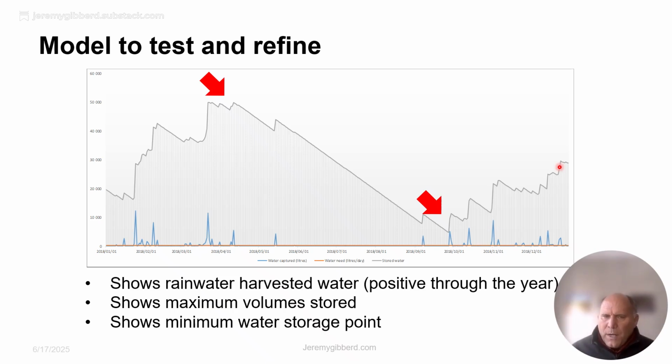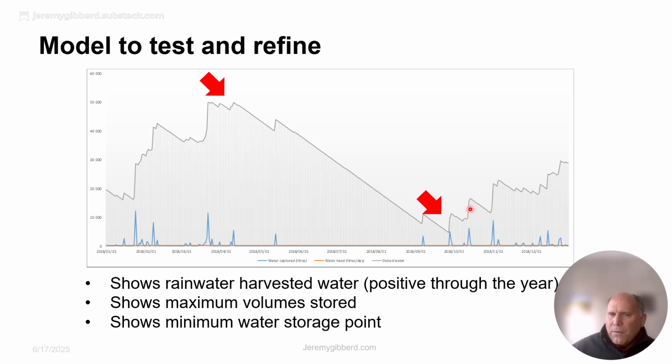So some quite important things here. First of all, this graph shows that the system is adequate because there is water in the rainwater harvesting tanks throughout the year. So that's a good sign. It shows the maximum amount of volume stored. This figure here you can take off, and that can give you the size of the rainwater tanks that you're going to need.